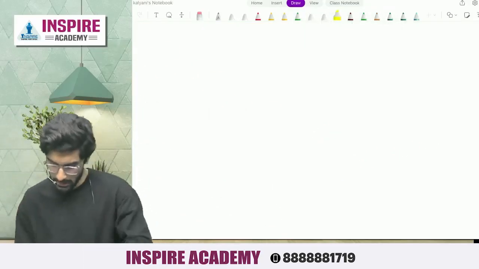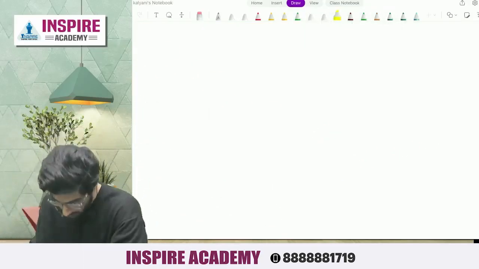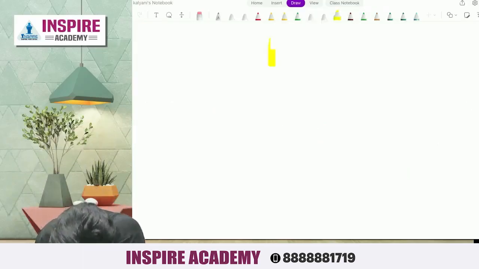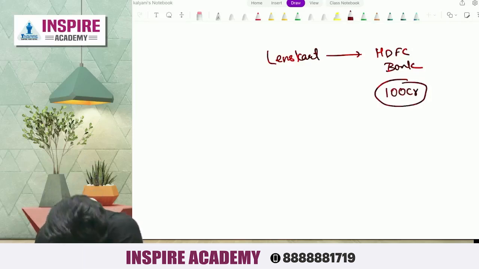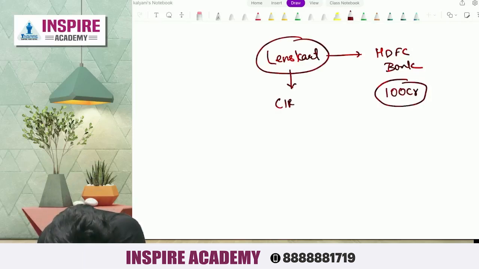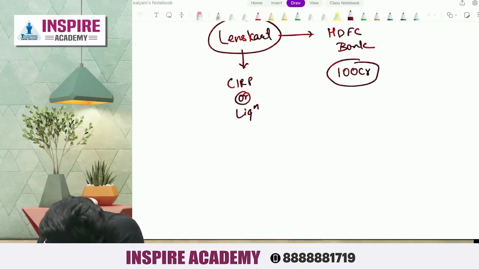For example, I will again tell you, people. Lenskart has taken a loan from HDFC Bank. The loan amount is 100 CR. Lenskart has been admitted for CIRP or liquidation.